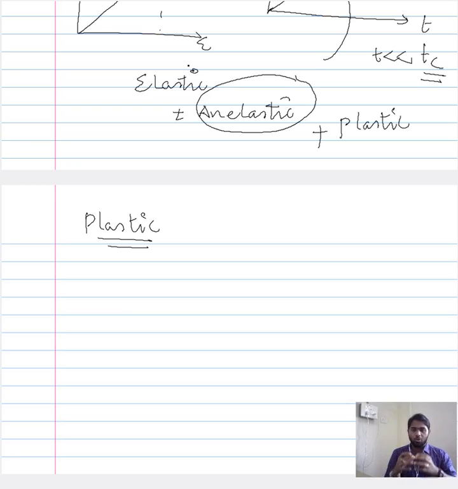Let me repeat. Once you start your plastic deformation and continue increasing the number of dislocations, meaning the dislocation density continually increases, what it ultimately means is that the propagation of a dislocation that translates into the plastic deformation is impeded.